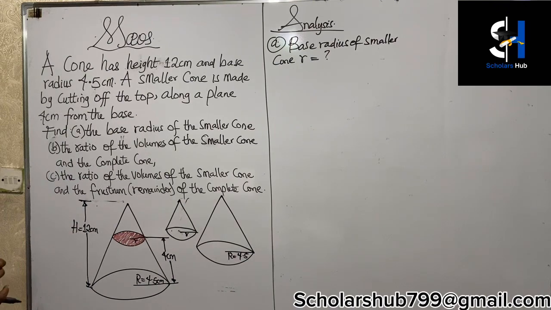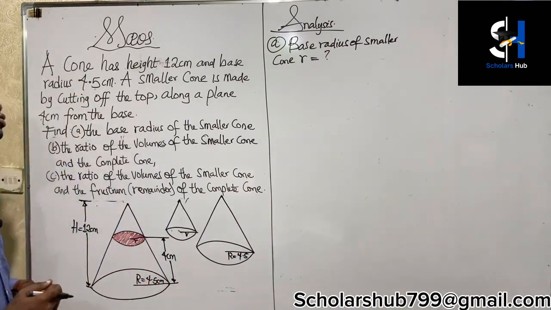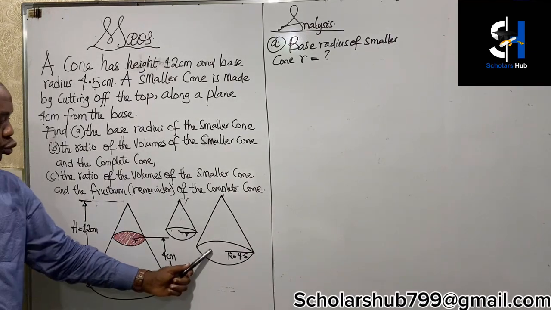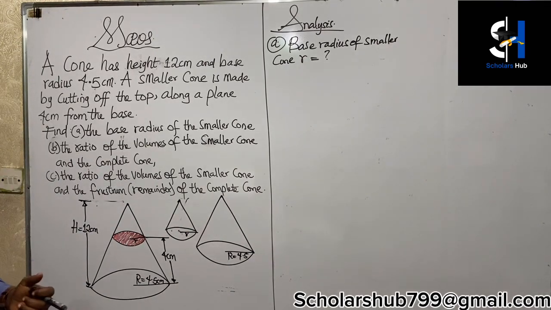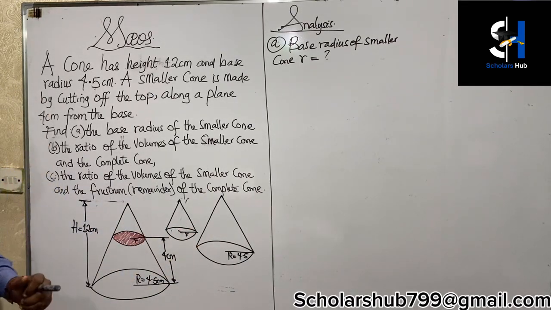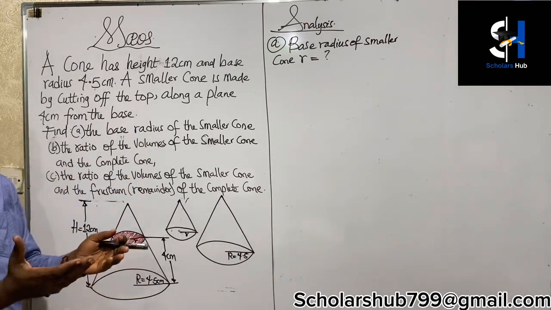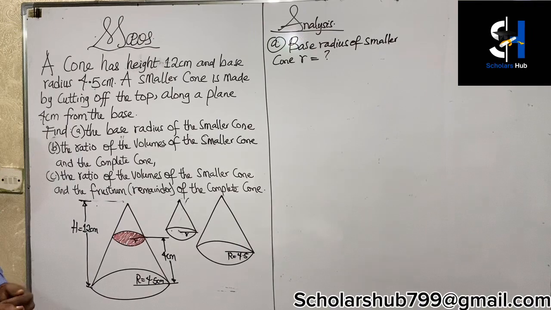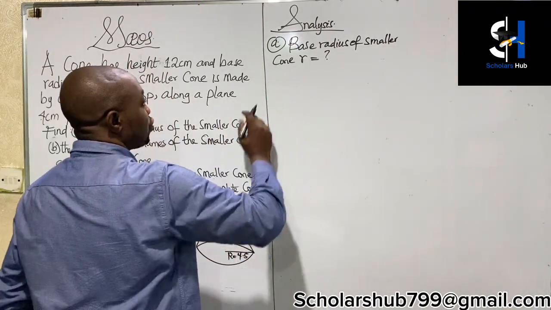Now we want to calculate the radius of the smaller cone. We have two similar shapes here, so we're going to use one of the properties of similar shapes. When we have two similar shapes, like cones, the corresponding linear dimensions are related.